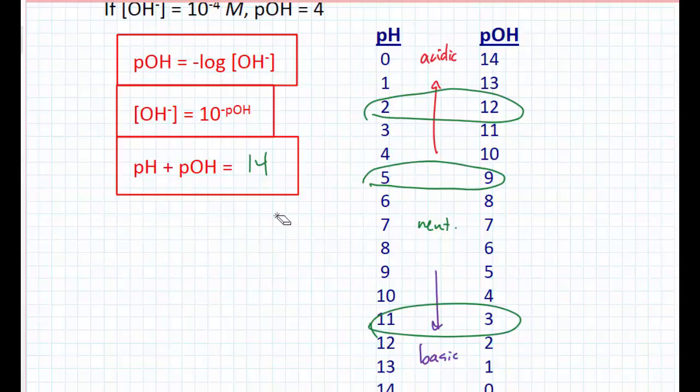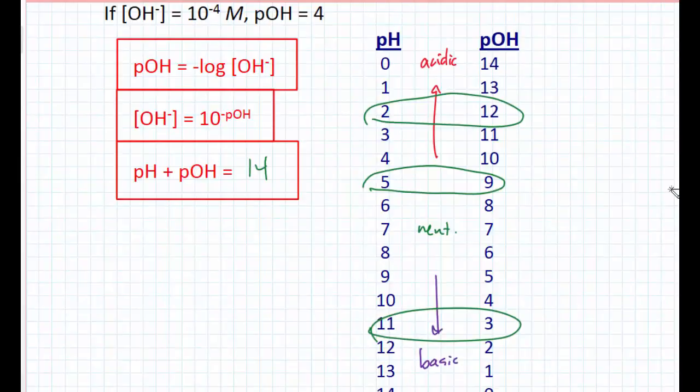That's because these scales go from 0 to 14 centered at 7. Okay? So when we pivot one of them, still keeping it centered at 7, that means the sum of those two will equal 14. So it's sort of a unique property of water solutions, okay, that it has to do with that 14 number. So if you're given one, you can get the other just by subtracting from 14.